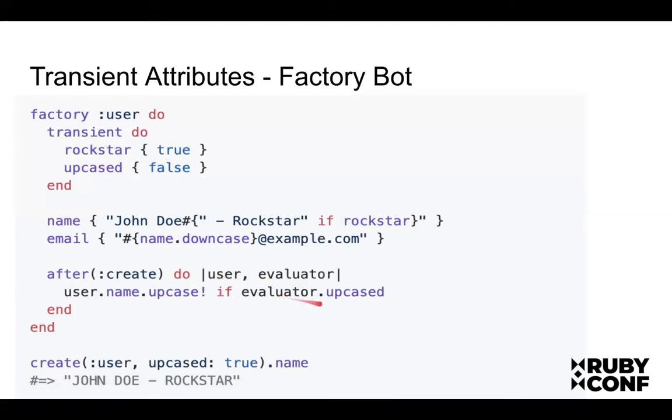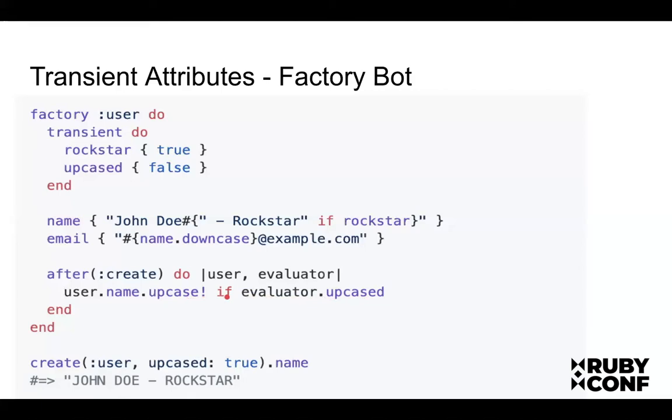To access that, we will use evaluator and dot, and after that we mention the transient attribute. This is how we access the transient attribute, and we make some specific change on the data on the basis of this attribute.